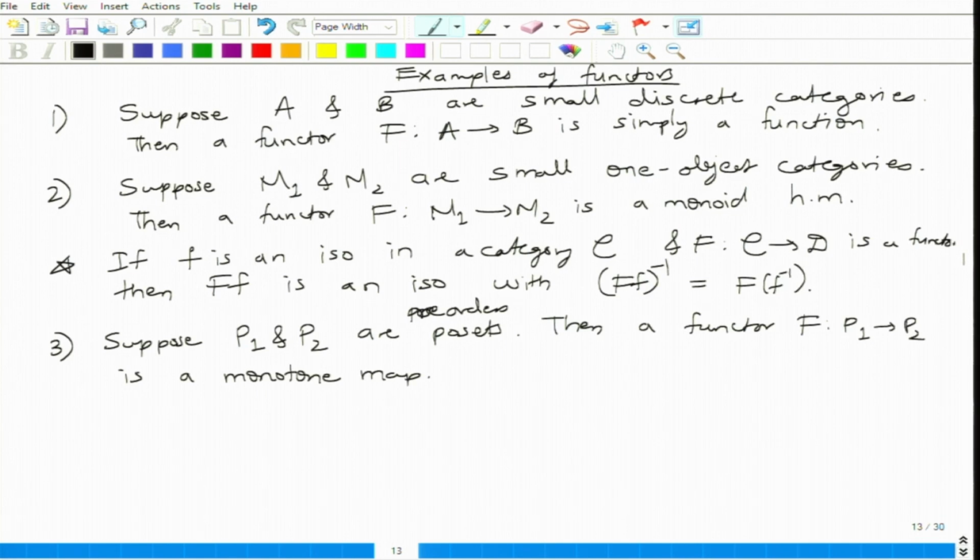Okay. Now we are planning to go ahead and introduce some large categories. The fourth one is perhaps familiar to some of you, at least. Suppose G is a group.